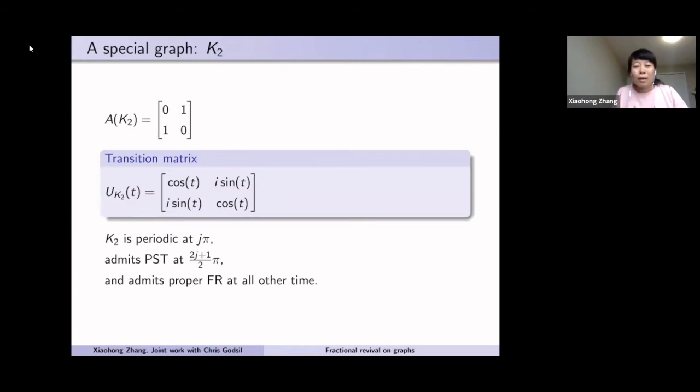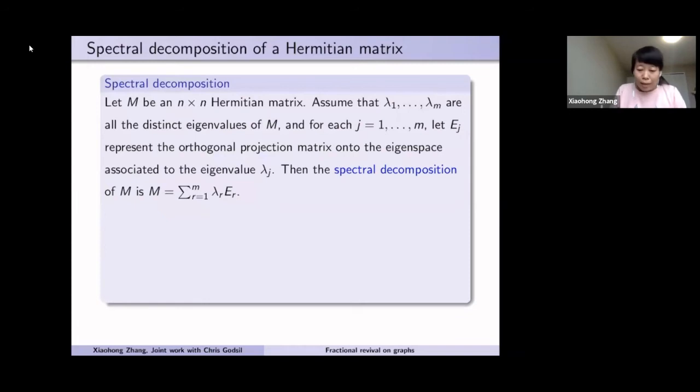What about a general graph? The matrix can be very big. For those in general, there is a tool we can make use of: the spectral decomposition of a Hermitian matrix. Say M is a Hermitian matrix with distinct eigenvalues. For each eigenvalue, there is an associated eigenspace.